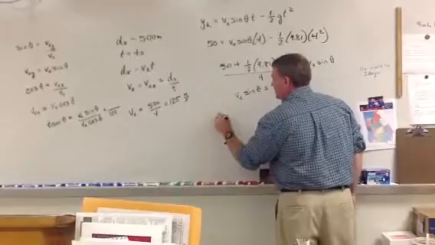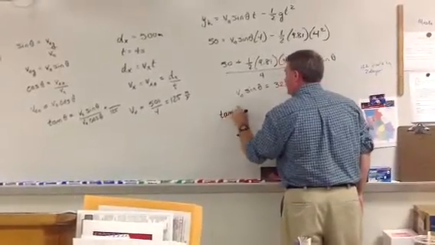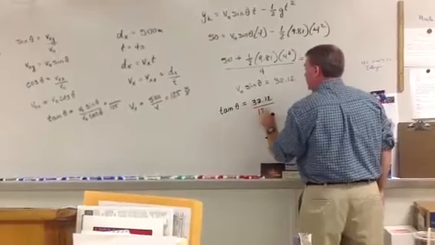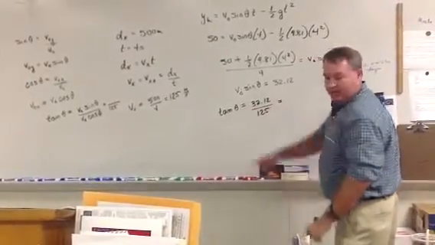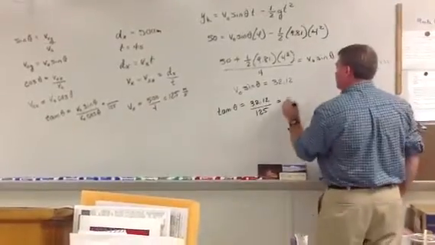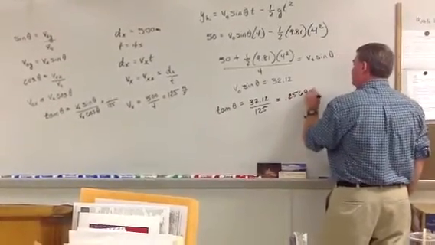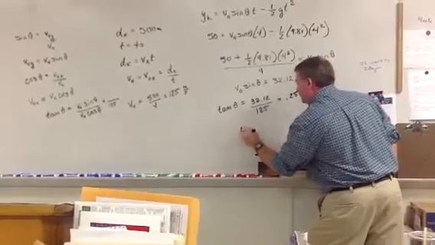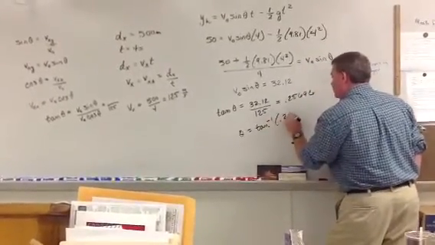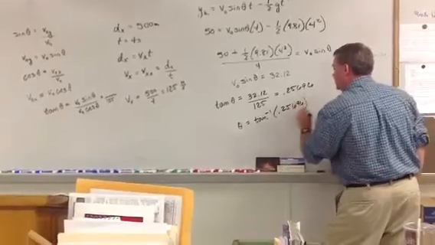And plugging this into tangent, tangent theta is equal to 32.12 divided by 125. Dividing that out, that gets you 0.25696. Theta is equal to the inverse tangent of 0.25696.